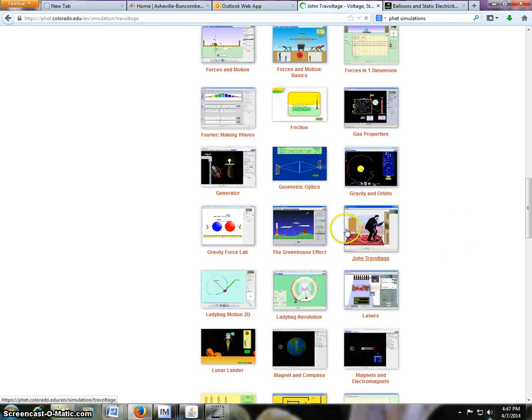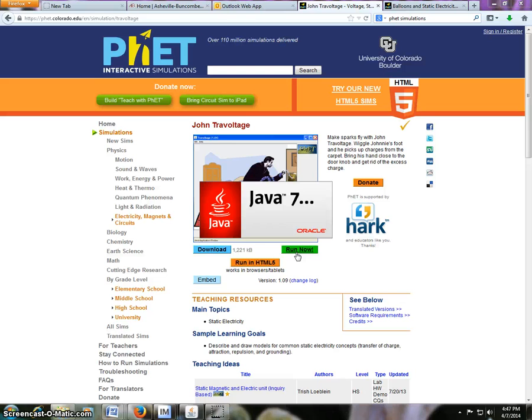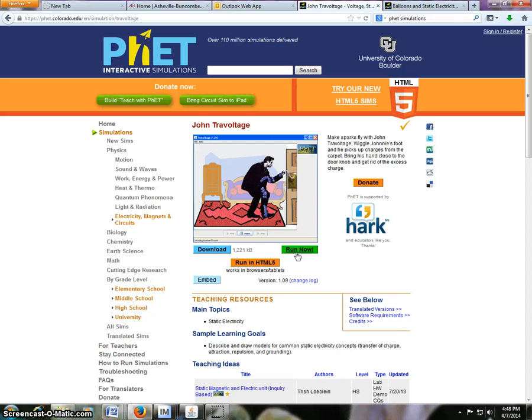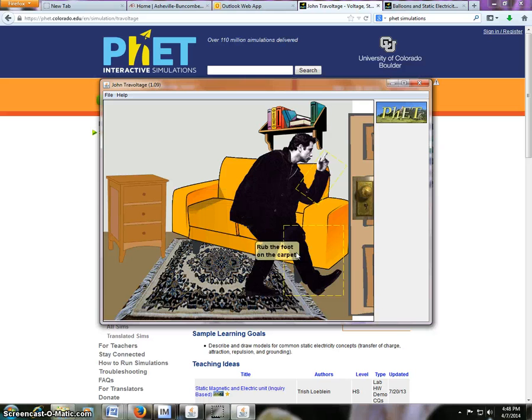You may have experienced this before: you walk across a carpet and rub your socks along the carpet, and essentially what you're doing is transferring electrons from the carpet to your person, right? It spreads out across the surface of your body. Then if you were to come into contact, say touch a light switch or a metal door handle, then you feel a shock, right?